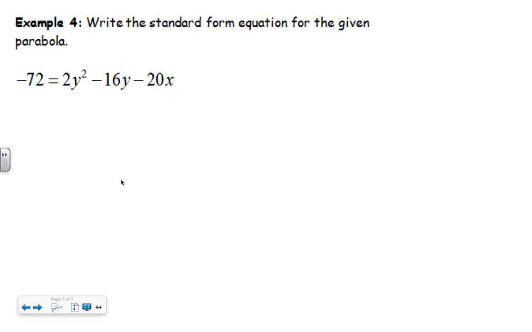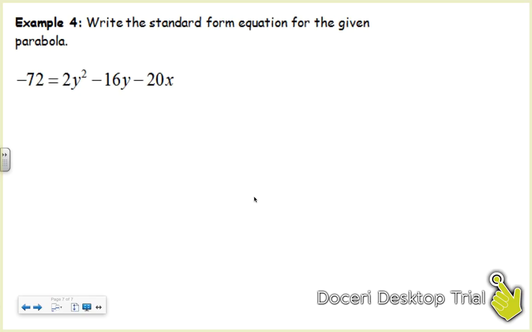Okay, now I'm going to do completing the square with the parabolas. The y is squared, so the equation that I need to get this into would be a y minus k squared equals 4p x minus h.